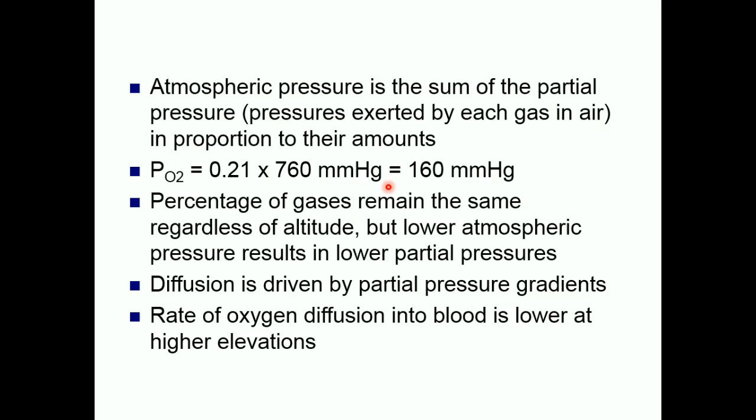Now, another thing that is important to keep in mind is that the transfer of oxygen as well as of carbon dioxide across the gas exchange membrane is driven by partial pressure gradients. Oxygen will move down its pressure gradient from high pressure to low pressure, and carbon dioxide will do exactly the same thing.